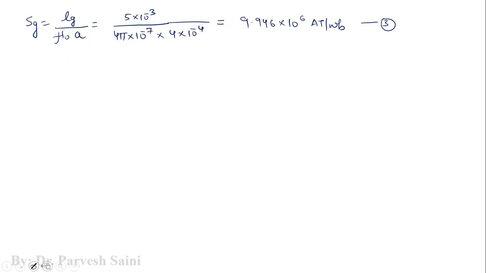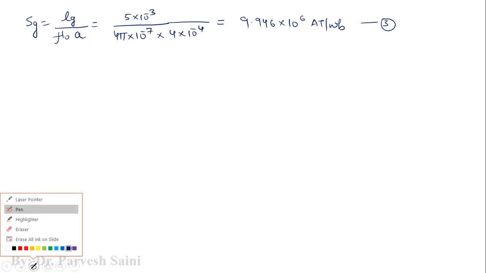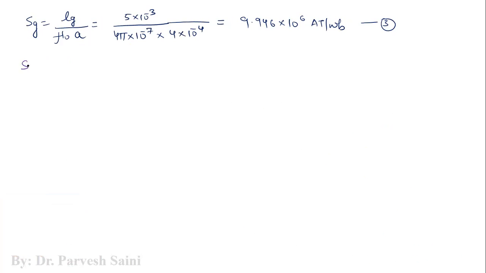So the total flux in this case will be S is equal to Si plus Sg. Sorry, it is not total flux. The total reluctance is the reluctance of iron path and reluctance of the air gap.